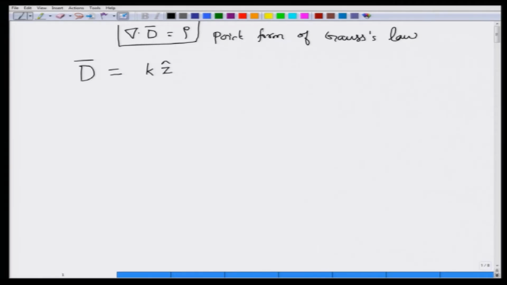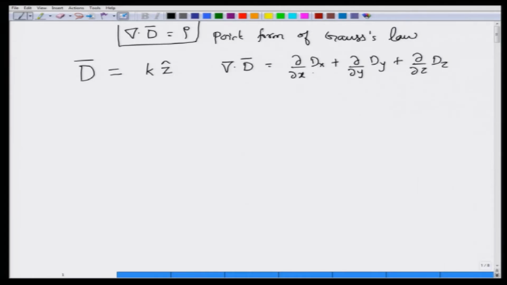So, if I ask you to evaluate the divergence for this particular vector field, how would you proceed? You would recognize that this is in Cartesian coordinates, and then you can use the formula for del dot D that we developed in the last class, which is del x of Dx plus del y of Dy plus del z of Dz, and then substitute the corresponding components Dx, Dy and Dz.